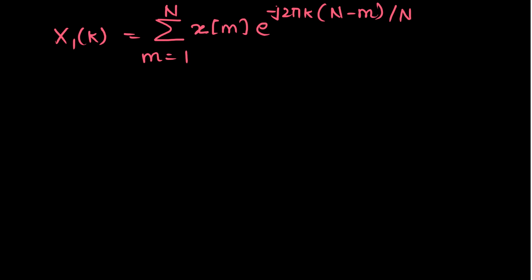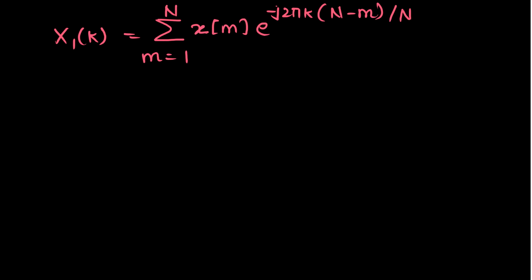And now we can just split this term here into two complex exponentials. Moreover, the range of m from 1 to N can be simply considered from 0 to N minus 1, because this x of m is basically periodic in nature, and this periodicity we have obtained by discretization of the omega axis.